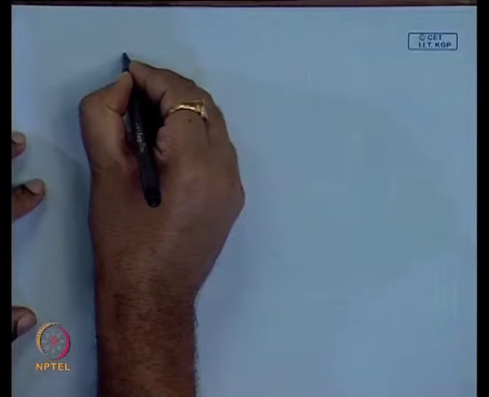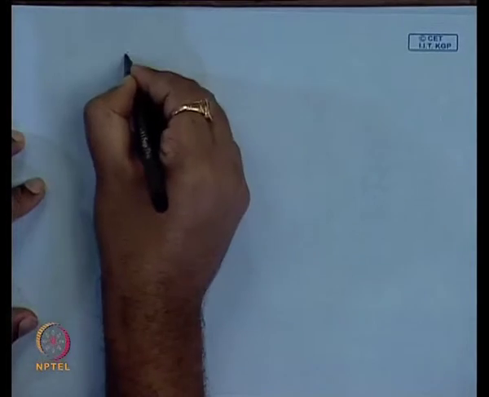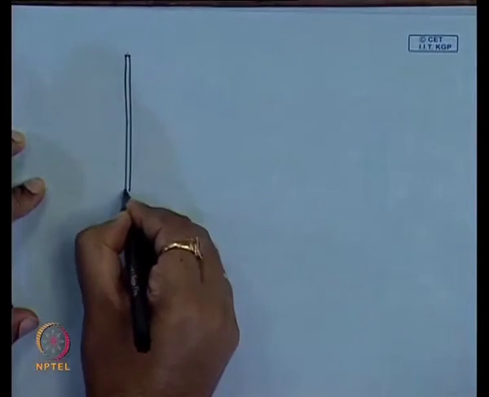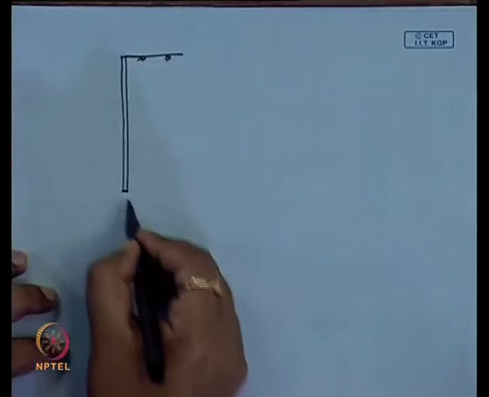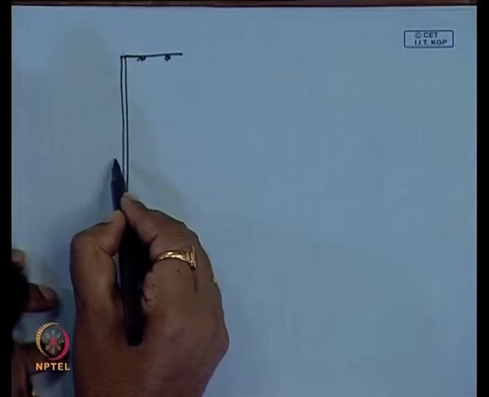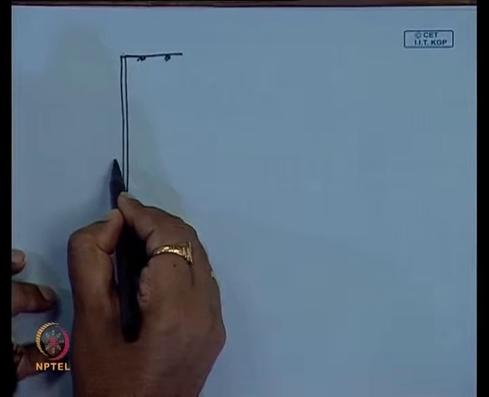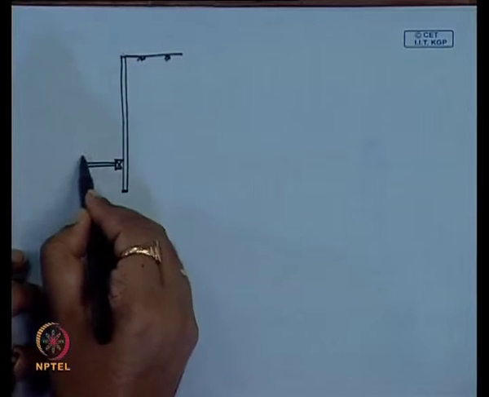Suppose this is our lateral support and this is the base of the excavation. Then this is a sheet pile, and these are the struts.